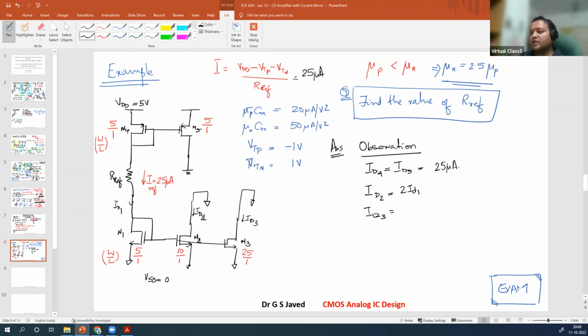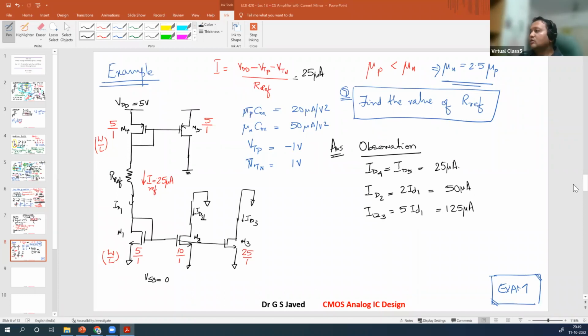W by L ratio is 5 times W by L, so you will get 5 times ID1. How much is this value? This value will be 50 microampere. This value will be 125 microampere. Why? Because W by L of 2 is twice W by L of 1. So this is the first observation.